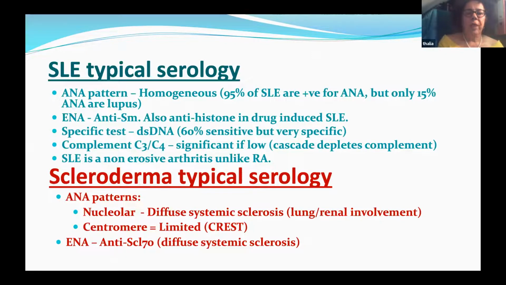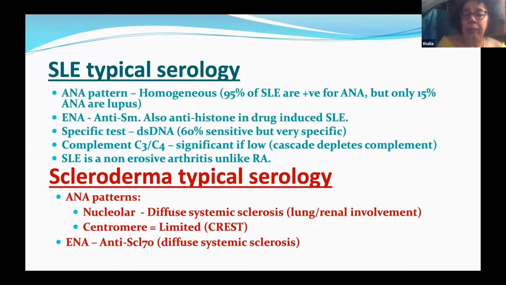So in SLE, the typical serology is ANA positive with homogeneous pattern, and from those SLE patients positive for ANA, only 15% have lupus, because ANA positivity does not necessarily mean lupus.